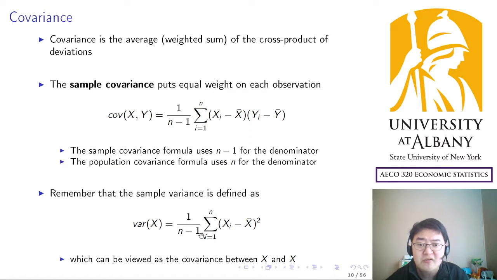Of course, the denominator may be n or n minus 1, but that's your choice. So in that sense, the variance can be viewed as the covariance between x and x itself. Variance is just a special case of covariance, right? So covariance captures the deviations. It's more about deviations.